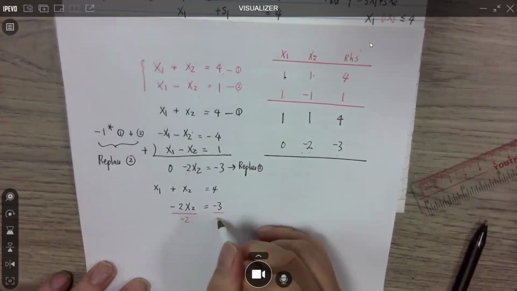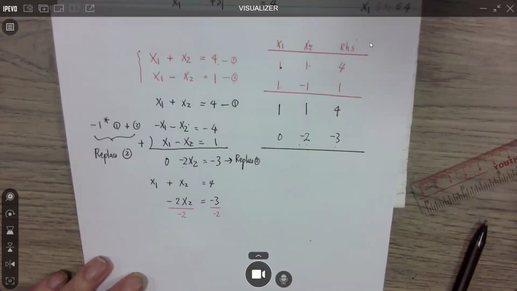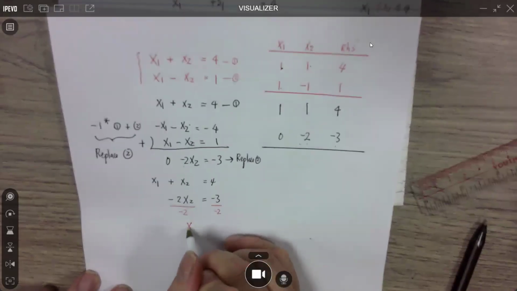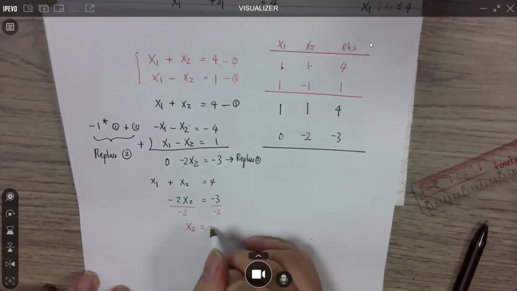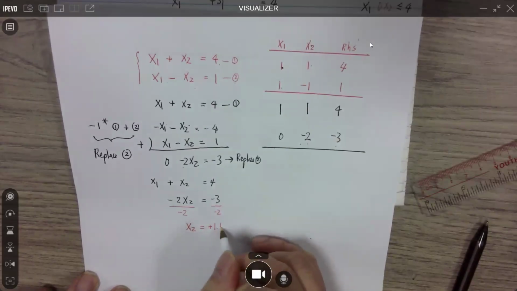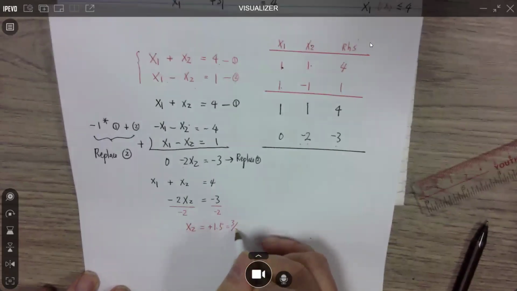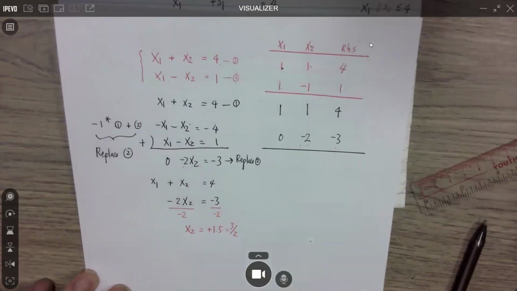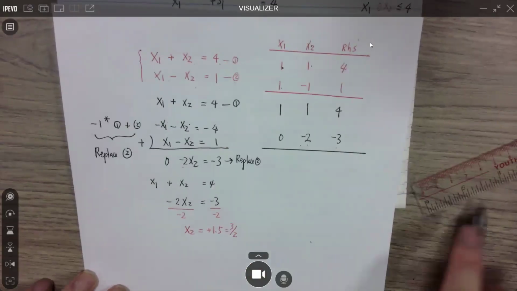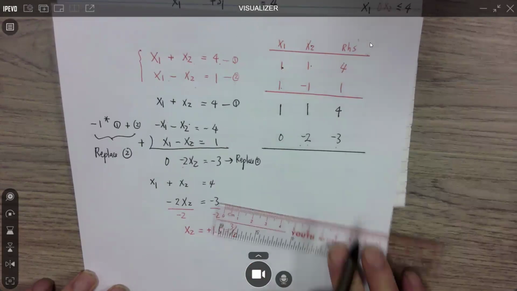So you get x2 equal to positive 1.5, or 3 over 2. And we're going to repeat this solution procedure in here.